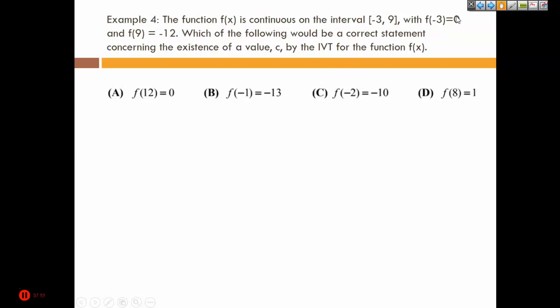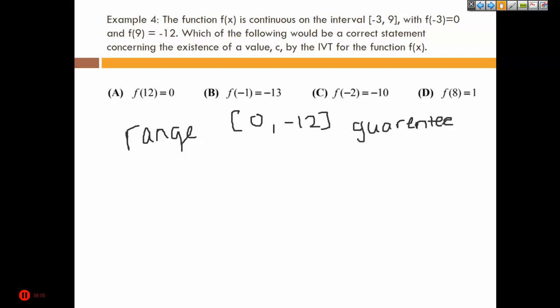So again, we have 0 to -12. In my mind, I'm saying the range is 0 to -12, guaranteed. Doesn't mean that it might not be outside of it, but what it does mean is that from -3 to 9, we are guaranteed within.